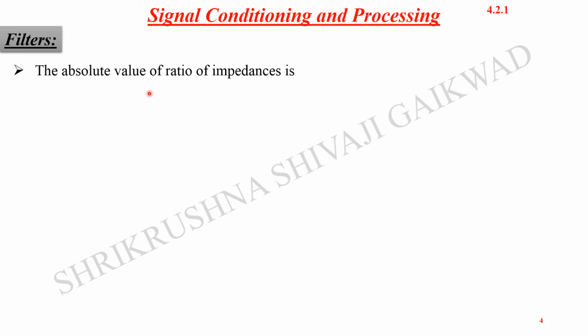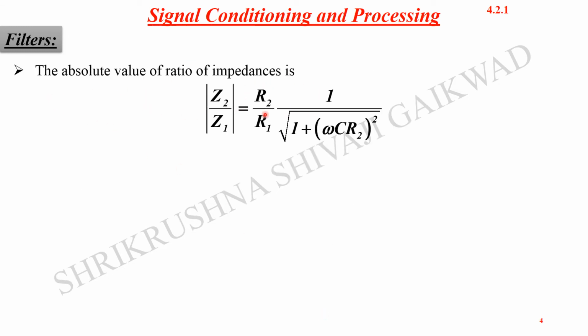The absolute value of the ratio of the impedances is given by R2 by R1 into 1 over root of 1 plus (omega C R2) squared. So this represents the absolute value of the ratio of the impedances.